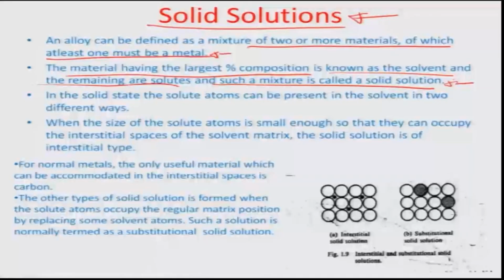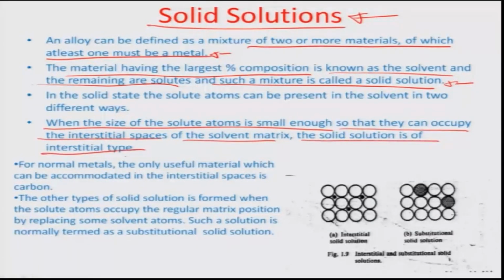So, when the size of the solute atoms is small enough that they can occupy the interstitial spaces of the solvent matrix, the solid solution is of interstitial type. So, you can see here these are the interstitially occupying spaces, and if the solute atoms are large, so that they actually have to displace the atoms from the crystal and occupy their position, they are called substitutional type.